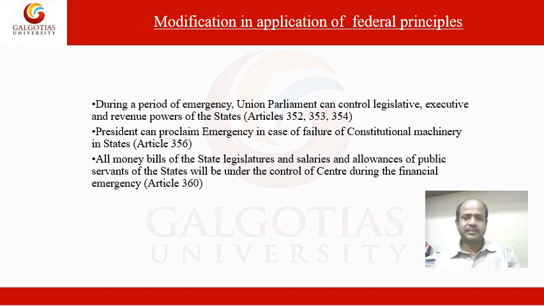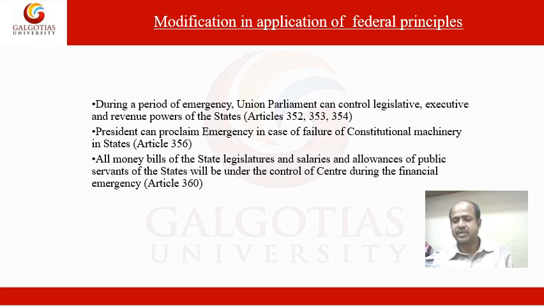Now, another principle you will find is during the emergency, which is a peculiar situation. If you see the classic federal constitutions, such as the US Constitution or the Canadian Constitution, you will not find such a provision, because those constitutions were made very early. They could not foresee the emergency provisions.